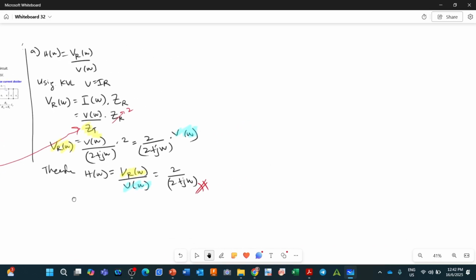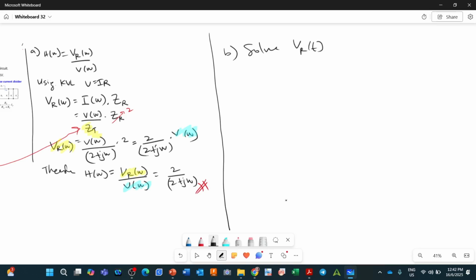Okay, B. They ask you to solve VR(t) and IR(t) if V(t) is given by 10e^(-3t)u(t) voltage. So what you can do is directly change it to the frequency domain using Fourier transform.